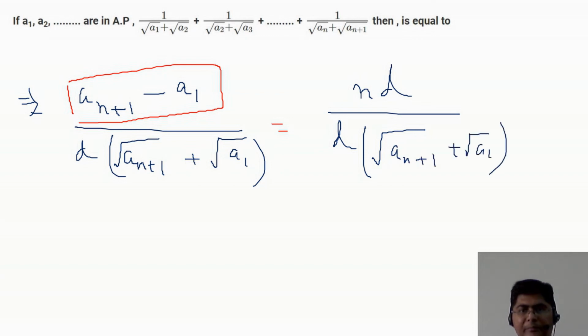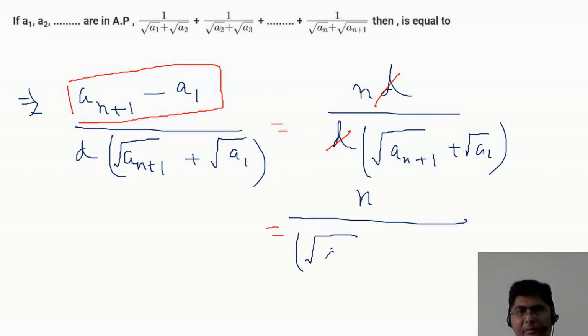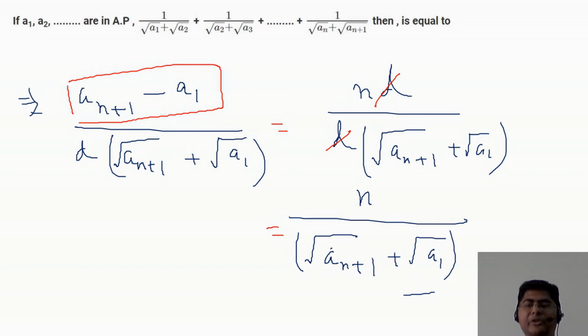Now see, d and this d are cancelled. So what is our final term? n over root over a n plus 1 plus root over a1. This is the answer. Now you can match with your options and find out which one is the correct option. So hope this answered your questions. Thank you.